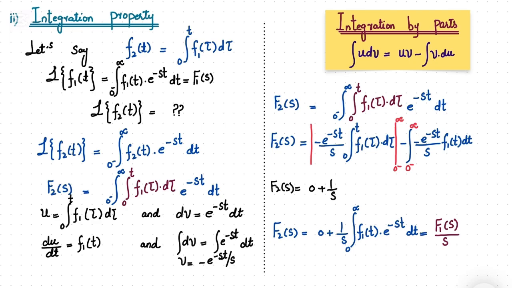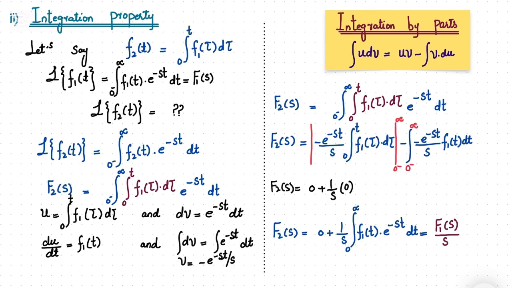What about this one? Because we substitute t equal to 0, it means we are integrating function f1 of tau over a point from 0 to 0. Integrating a function f1 of tau over a range 0 to 0 results in 0.